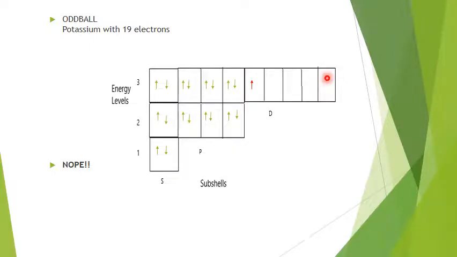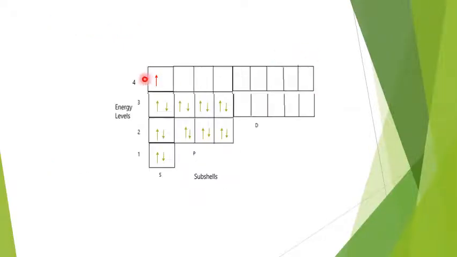Well, that's not the case. You can't put any more electrons here, but it doesn't go to the next subshell. Instead, it does something weird. It goes up to the 4s. The reason it does that is beyond me talking about it.